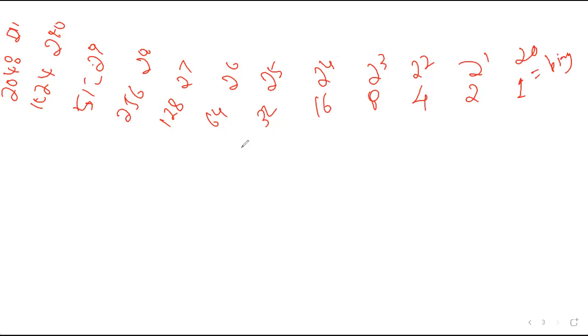Okay. Now, when you have a number, let's say 2 raised to 0, 2 raised to 1, 2 raised to 2, 2 raised to 3, each digit could be either 0 or 1.